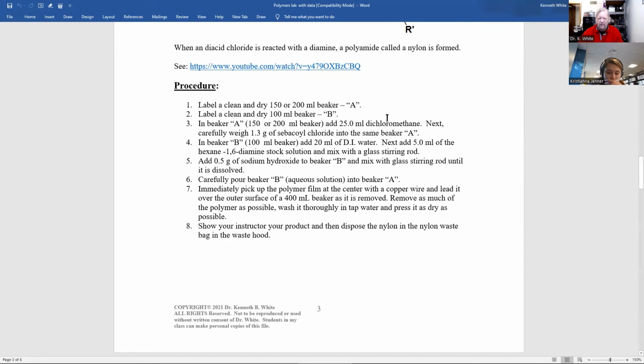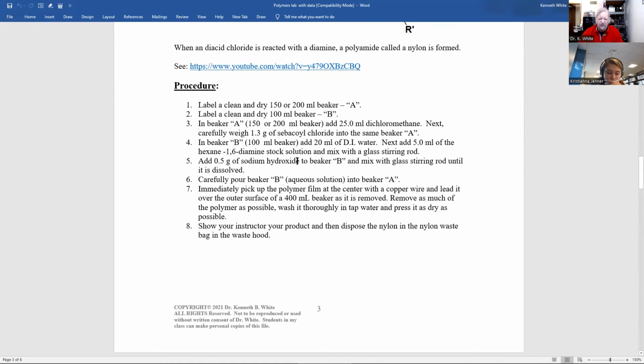In beaker A, we put in a solvent, dichloromethane, and then the sebacoyl chloride is the acid chloride. That's beaker A. In beaker B, we put in some water, and then 5 milliliters of hexane-1,6-diamine. And in that, you also put a small amount of base. That's to neutralize the hydrochloric acid.